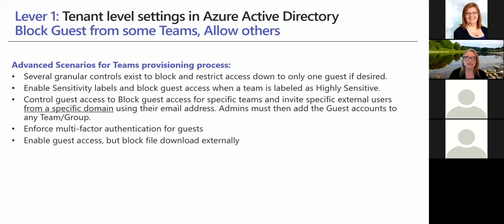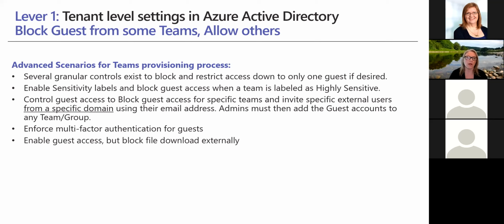You can enable sensitivity labels. And what I mean by that is you can have what's called sensitivity labels. We used to call it data classification. So high, medium, low. You can actually create a label called highly sensitive, put in a conditional access policy that denies any guest from getting access to a team that is labeled highly sensitive.